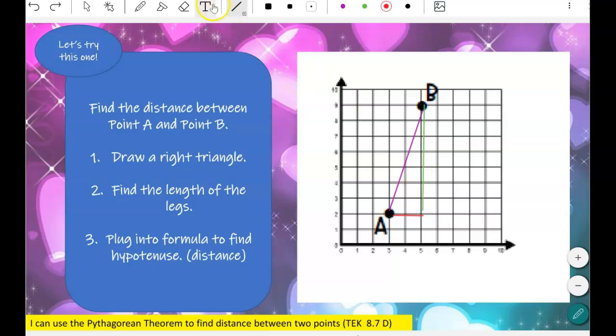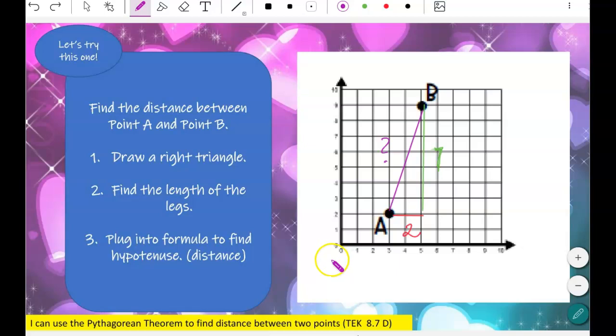That one's pretty easy to see. So this is 2. And this one, if you count them, 1, 2, 3, 4, 5, 6, this is 7. We don't know what this one is here. That's what we're trying to find.